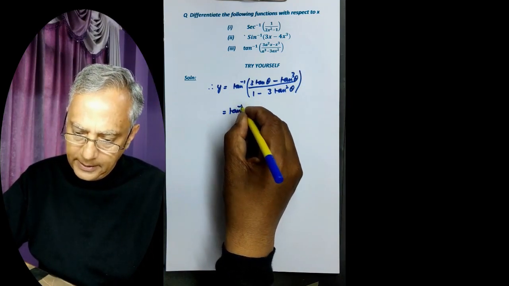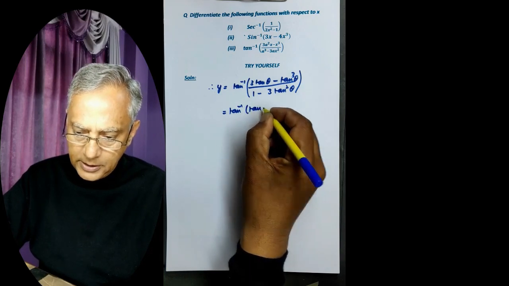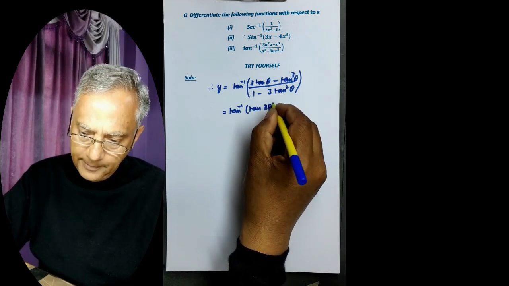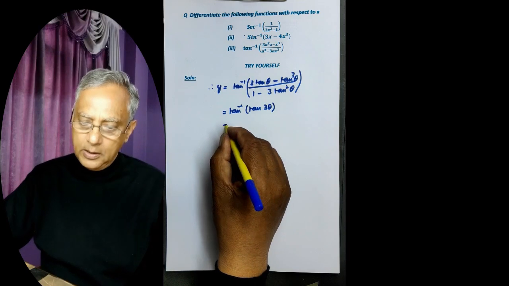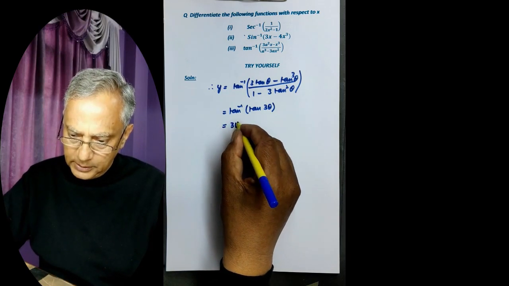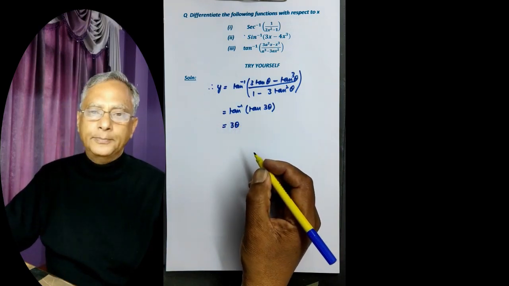This is equal to tan inverse of tangent of 3 theta, and this is equal to 3 theta.